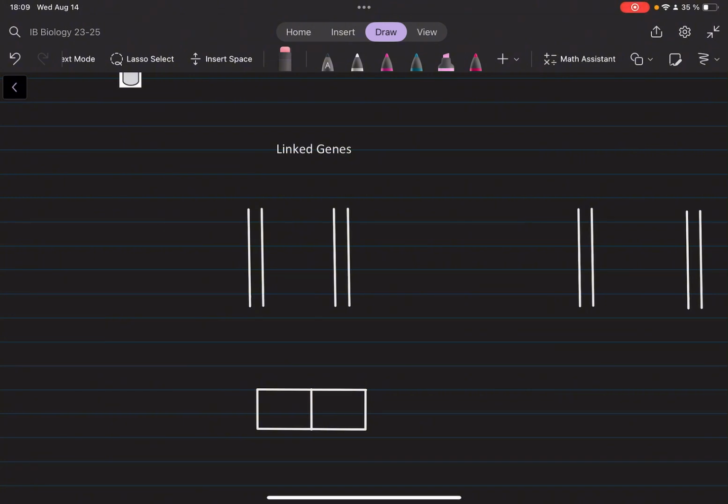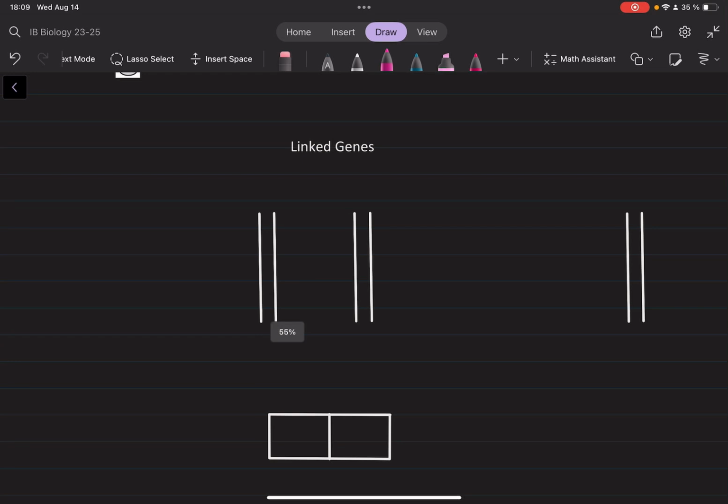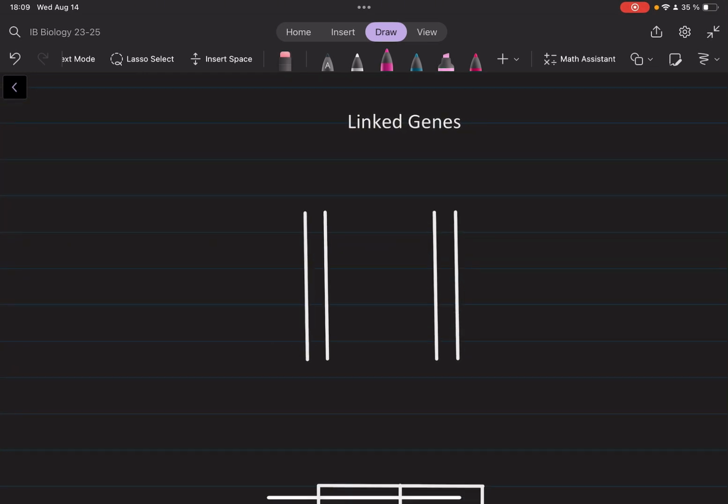So now we can move on to linked genes. And in my opinion, linked genes are a little bit more complicated than unlinked genes. So let's take an example for linked genes, which are hair and eye color. So hair and eye color are inherited together. And let's say that this gene deals with hair color, and this gene deals with eye color.